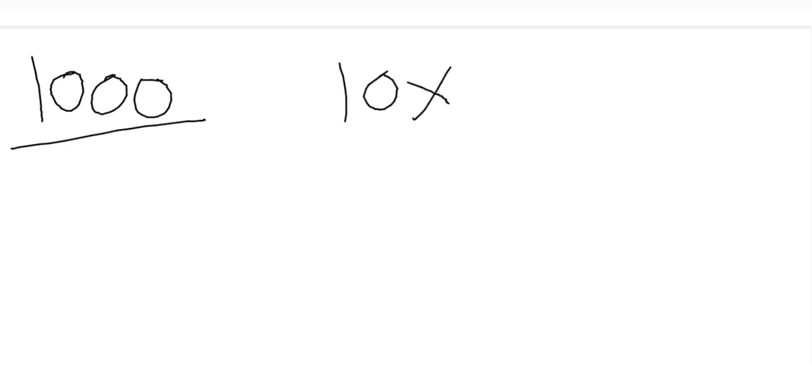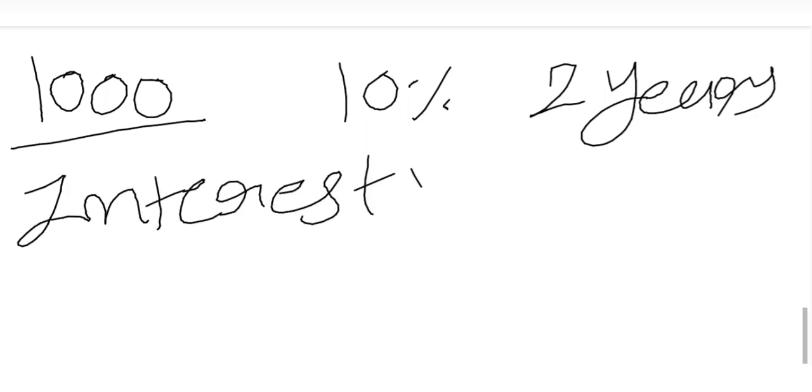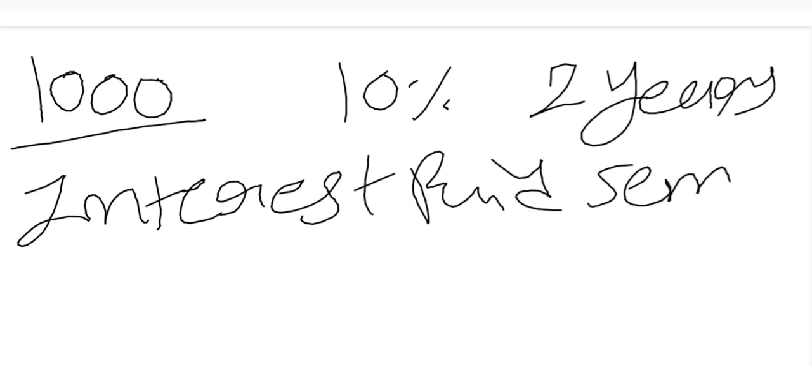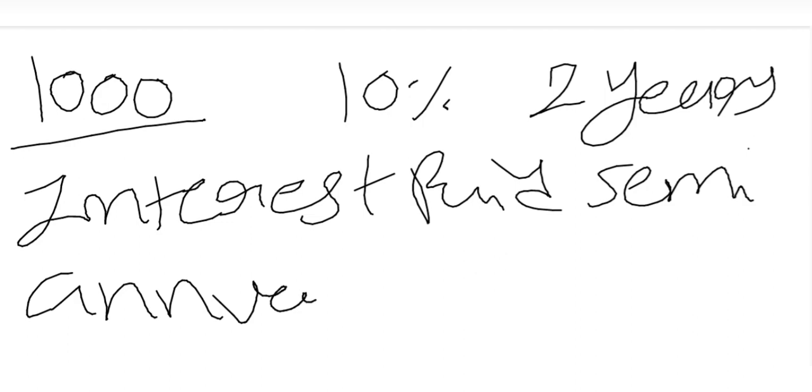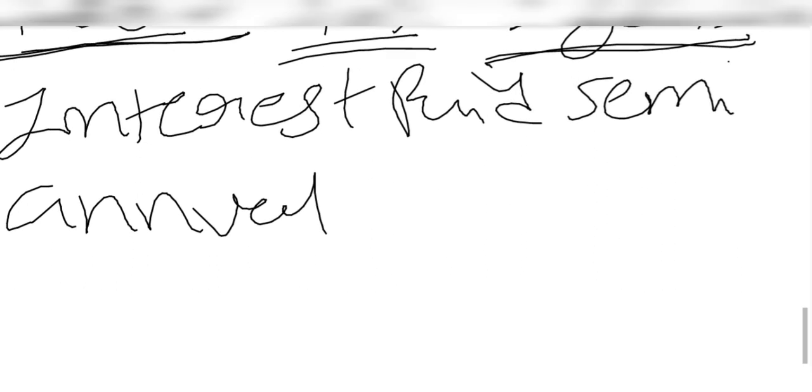If interest is paid by the bank semi-annually, with 1000 deposited by us at 10% interest for 2 years, we take the same example as above, but interest is paid semi-annually.